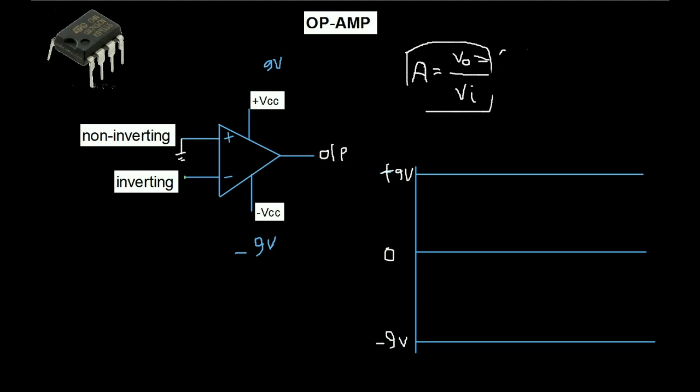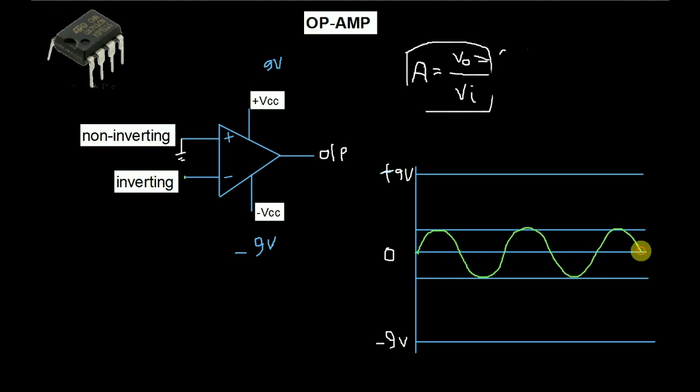Now consider that we have given an input to this op amp, suppose a 2 volt peak to peak signal.